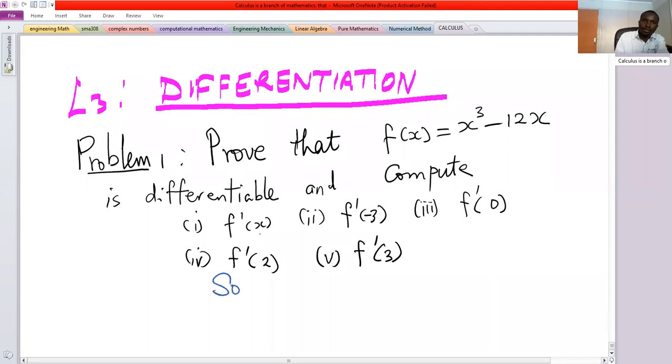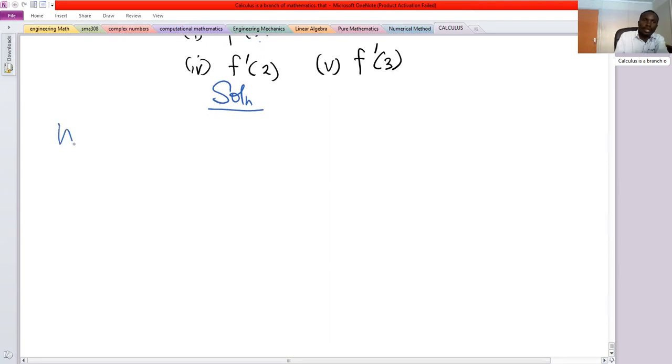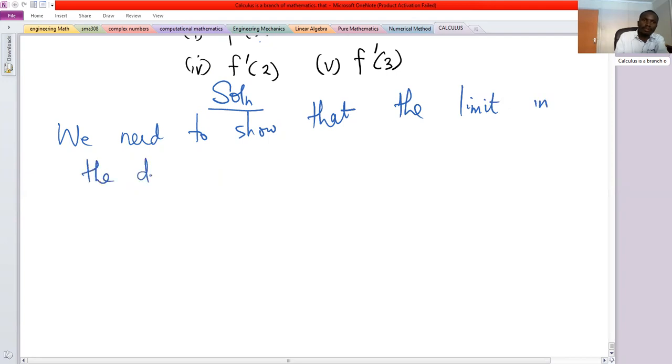So, solution, we need to show that the limit in the definition of a derivative of a function exists.